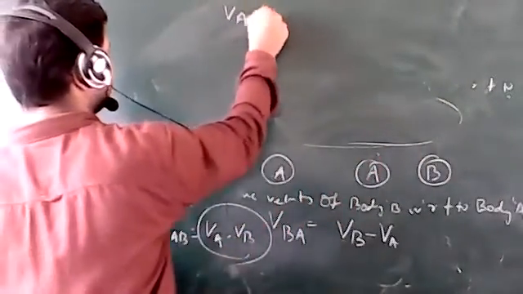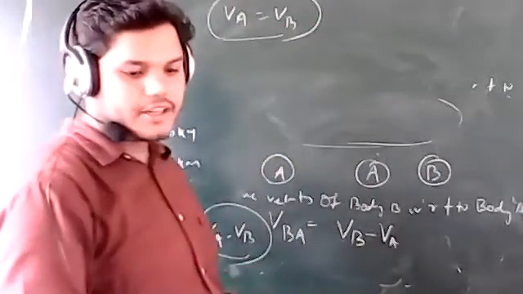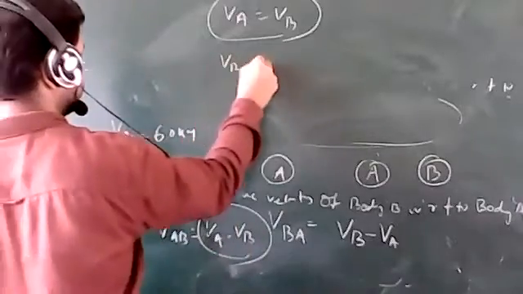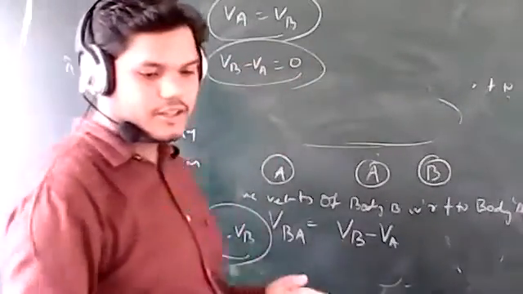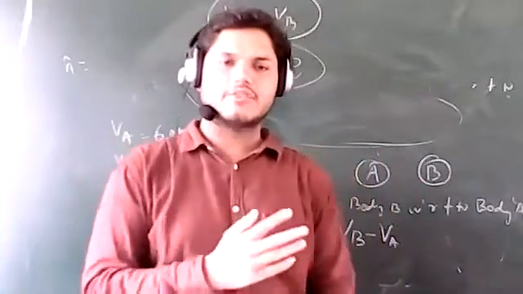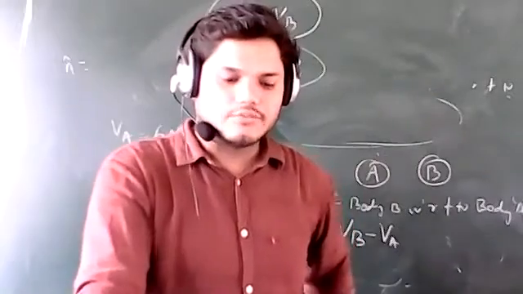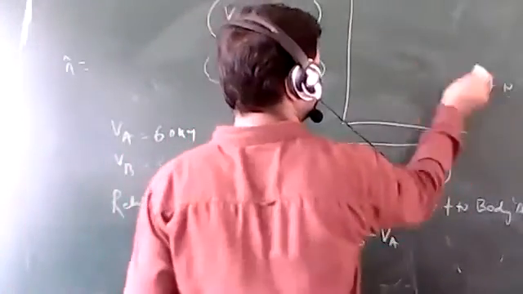If VA equals VB, in that case you find VB minus VA, which will be 0. That means both bodies are moving in the same direction with the same velocity, or constant speed.